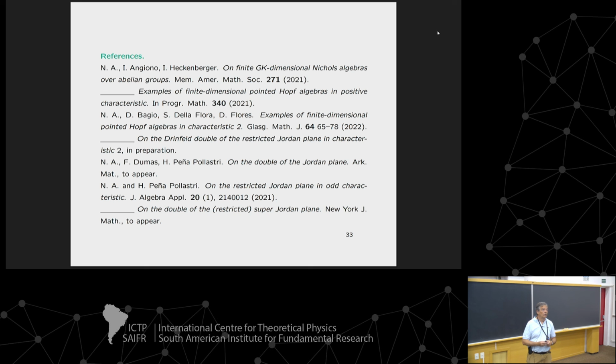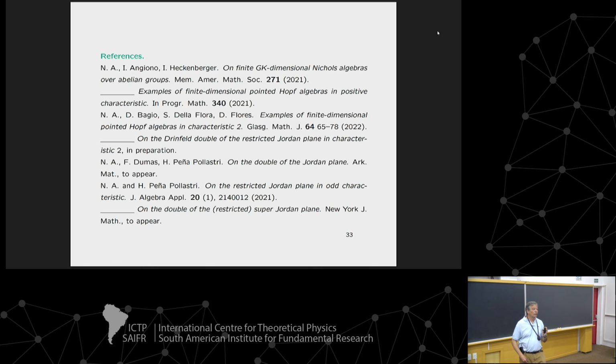Okay, so then related question. You have quantum deformations of the U side of the enveloping algebras of SL2 and the restricted ones. Is there a quantum deformation of the Jordan plane that would fit into that diagram? So first, the Jordan plane itself is a quantum deformation of a different kind.